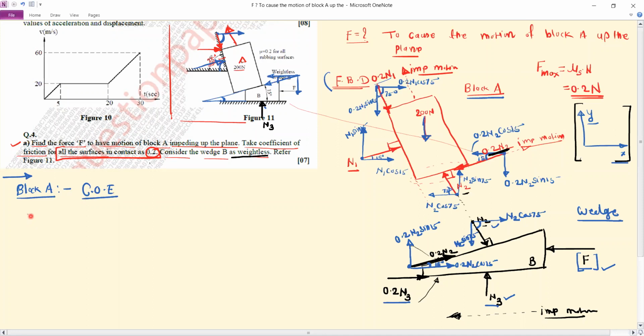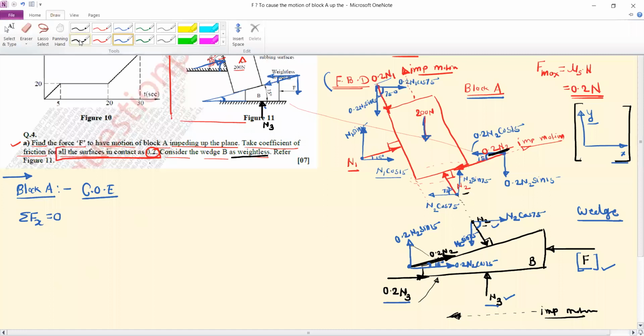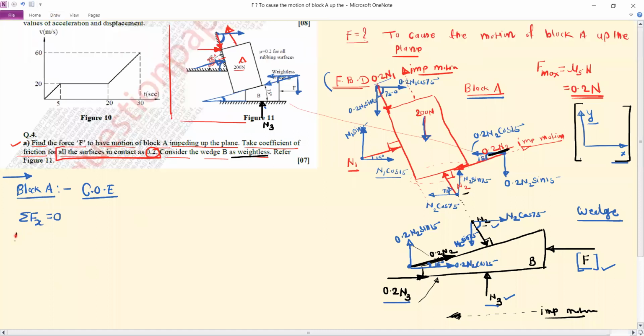So your first condition, summation Fx is equal to 0. For summation Fx, consider all x components. Starting from this N1 cos 15. Then we have this 0.2 N1 cos 75.